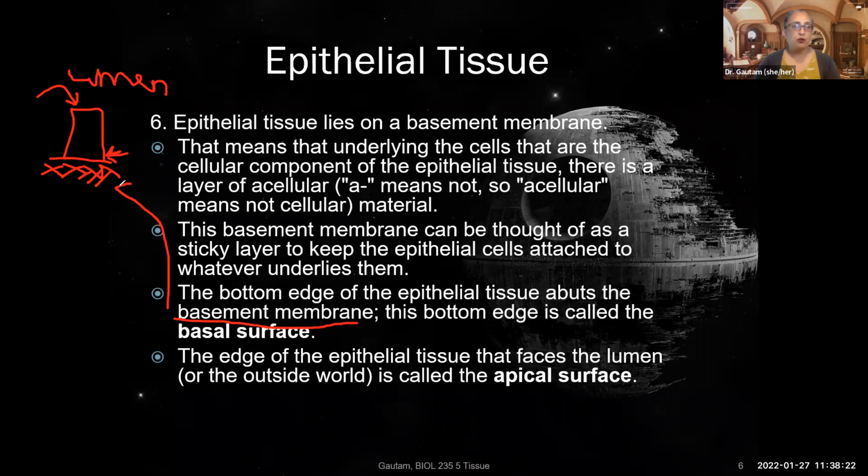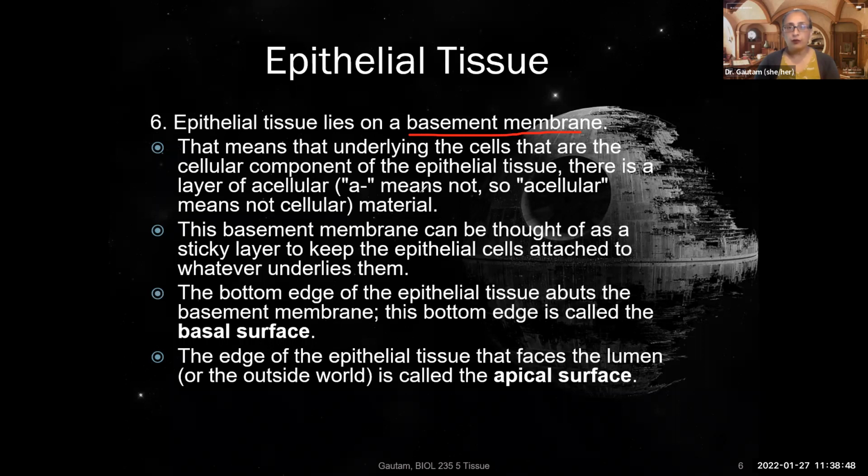It's just fibers created by connective tissue, and underneath that then would be connective tissue. Underneath the connective tissue would most likely be a muscle, either smooth or skeletal, depending, of course, on where we're talking about. Okay, so epithelial cells lie on that, or the basal end is attached to the basement membrane. The basement membrane is composed of acellular material.